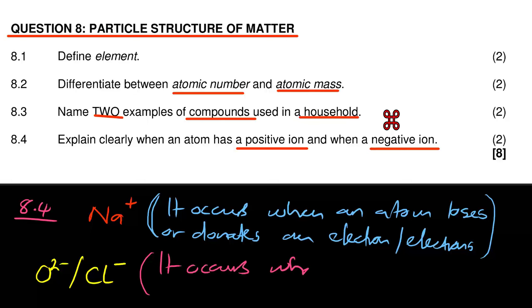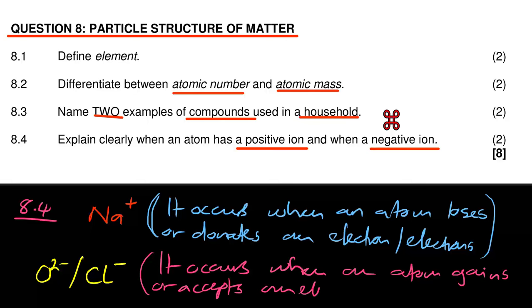It's the opposite now: instead of loses, now it gains. See the difference there? It gains or accepts an electron or electrons. Sometimes it can accept 1 or more electrons. So that is what happens when you get a negative ion.